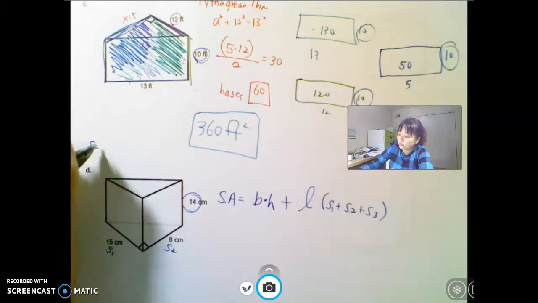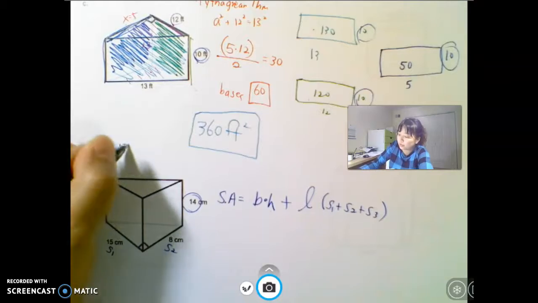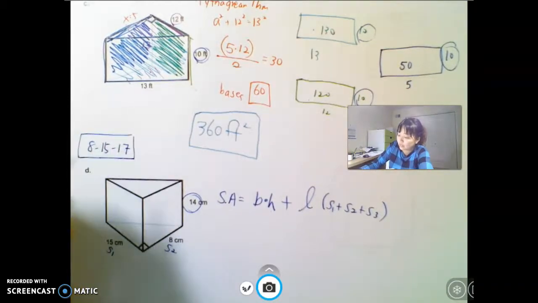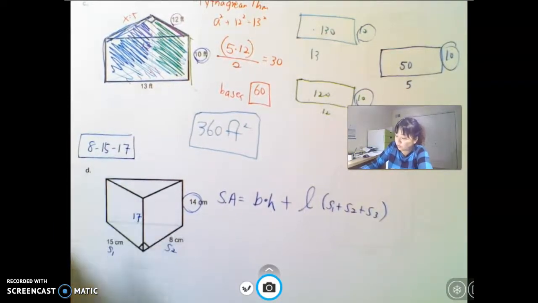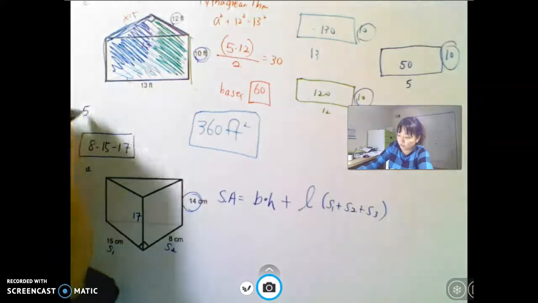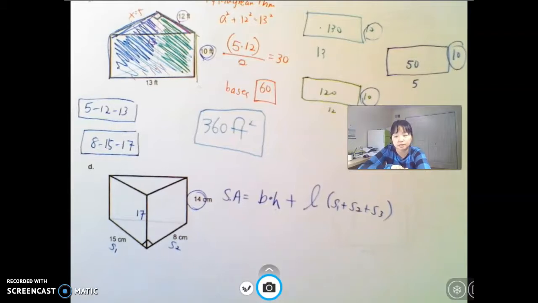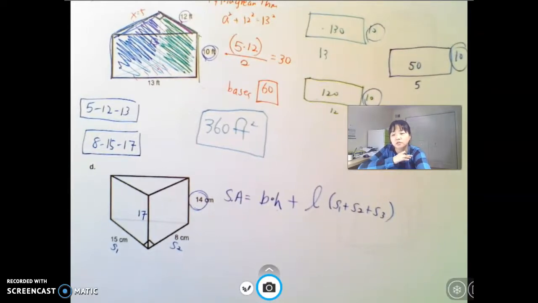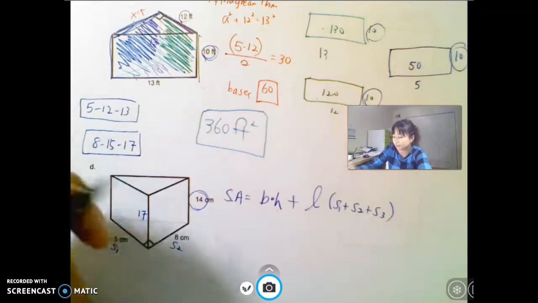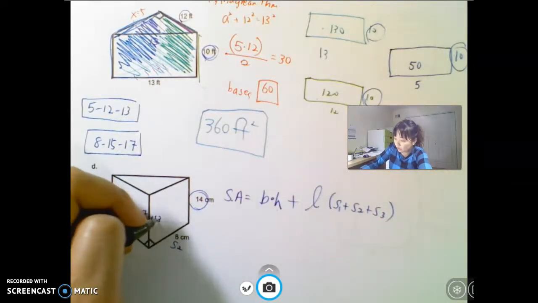It will be super handy if you memorize the special triples. 8, 15, and 17 always works, just like the top one was 5, 12, and 13. Just like a locker combination, there are a few special ones that will come up over and over. So it is going to be 8, 15, and 17 if you were to actually use the Pythagorean theorem.